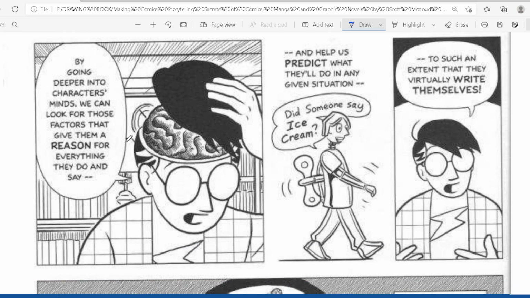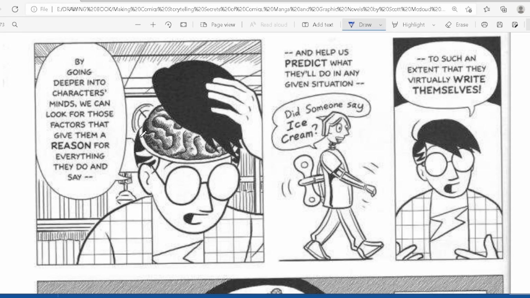Okay, what he's saying, when you make a character, let's say for your comic strip, then definitely you should have a fixed reason, so that you can talk in reference to that topic.